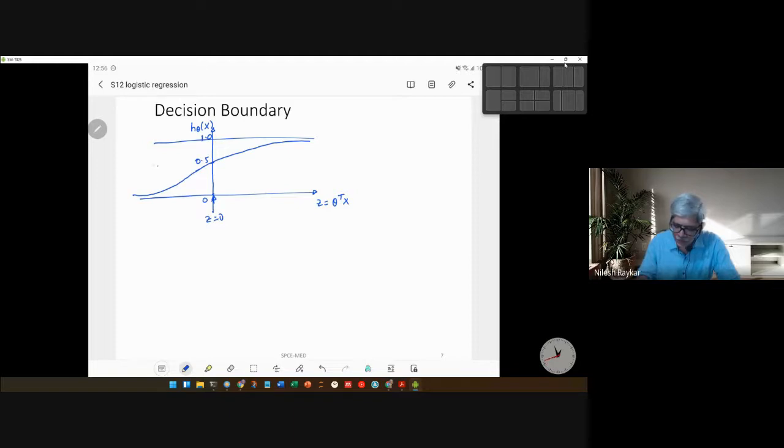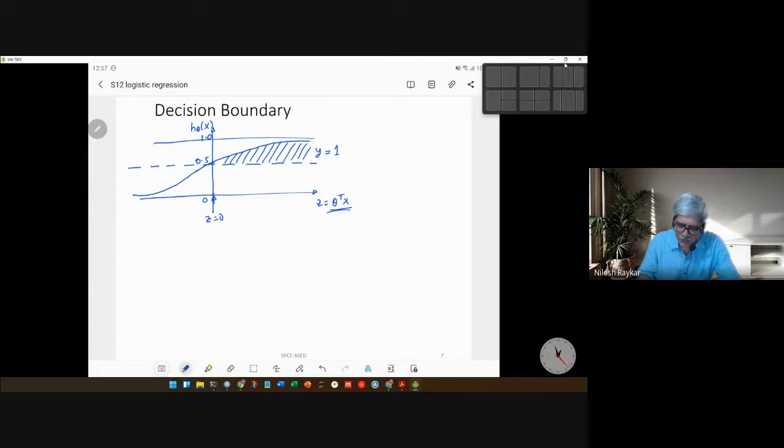Now we said that in order to predict the label of a sample, we will use the hypothesis function as a probability function. If the probability is above 0.5, we will classify that sample as belonging to one class. So in this region, all these theta transpose x values above 0.5, or g of that value, we'll call y equal to 1.